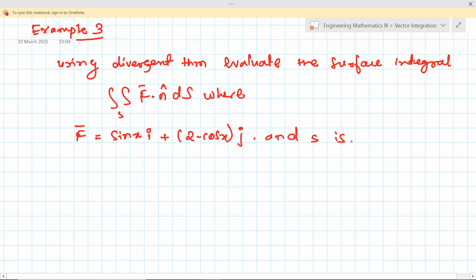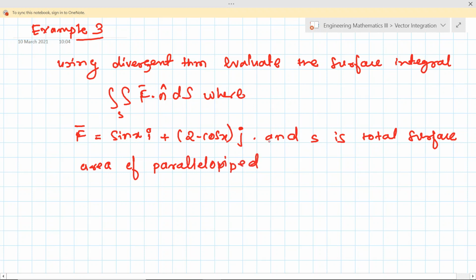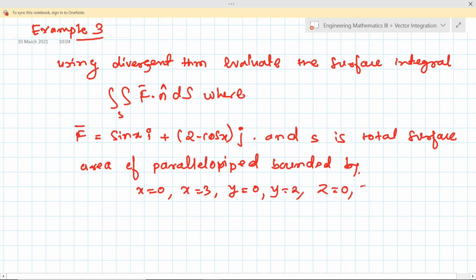S is the total surface area of the parallelepiped that is bounded by x equal to 0, x equal to 3, y equal to 0, y equal to 2, z equal to 0, z equal to 1, like this.